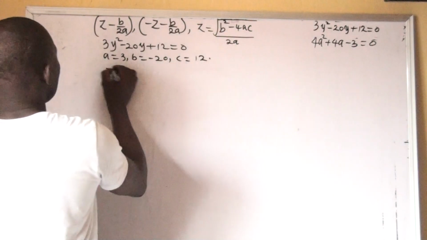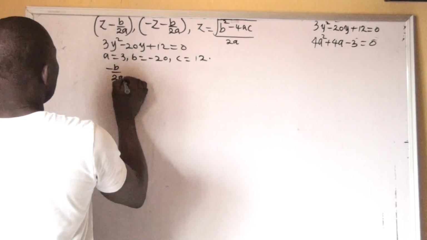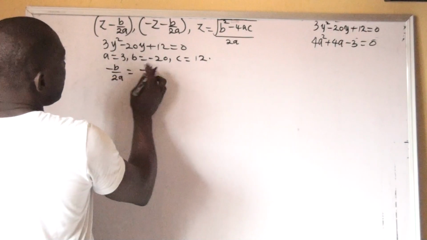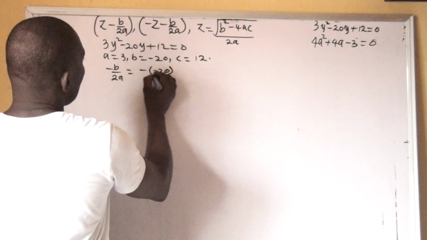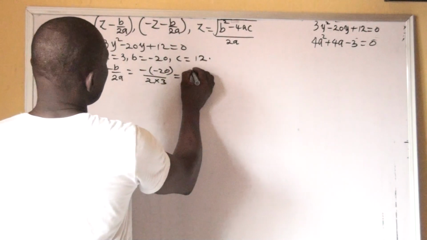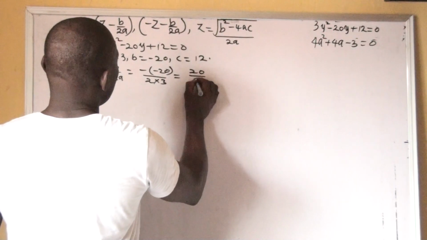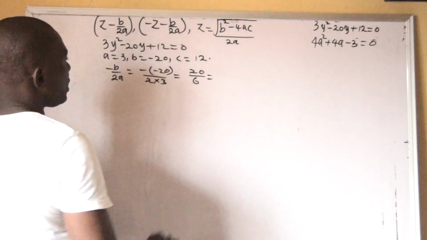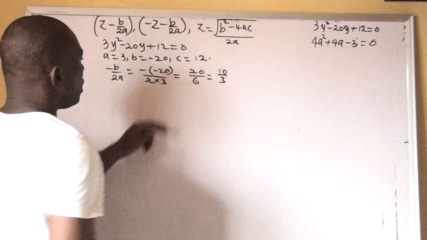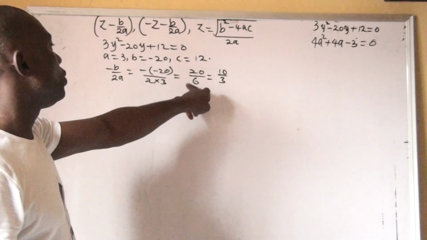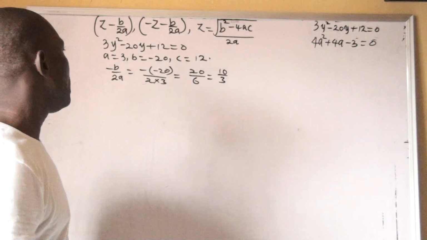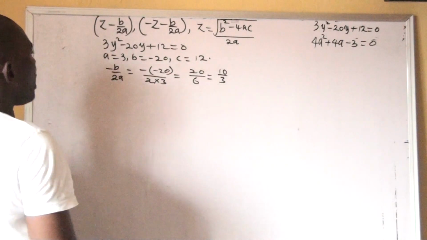Minus b is minus minus 20, all over 2 times 3, which is 6. So we have 20 over 6, and 20 over 6 is the same as 10 over 3, using the common factor 2. So we have obtained the value of minus b over 2a.